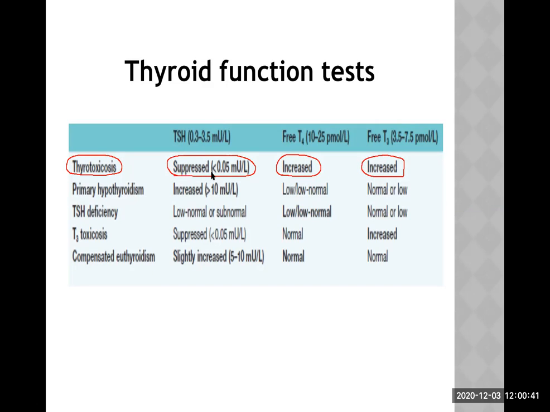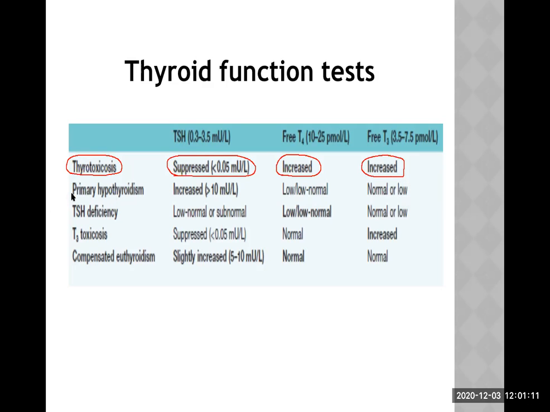That means the disorder is in the thyroid gland itself. Whereas if TSH is also high along with T4 and T3, then this is central or secondary thyrotoxicosis. The major problem here is excessive TSH secretion, which in turn will cause increased T4 and T3 release. So this is very easy to understand.